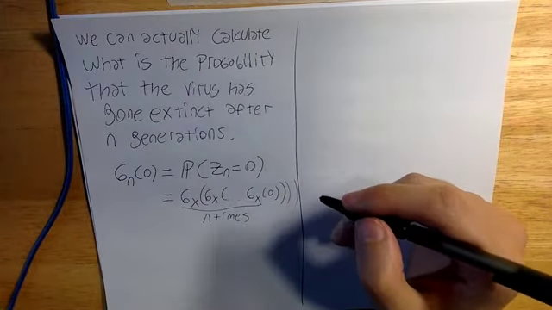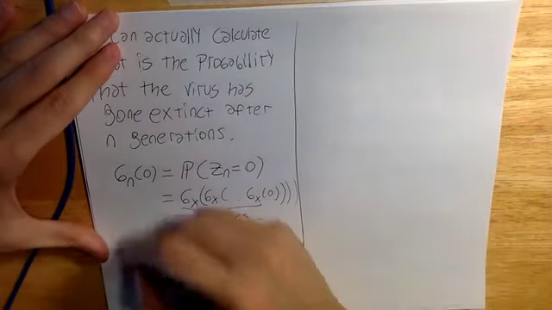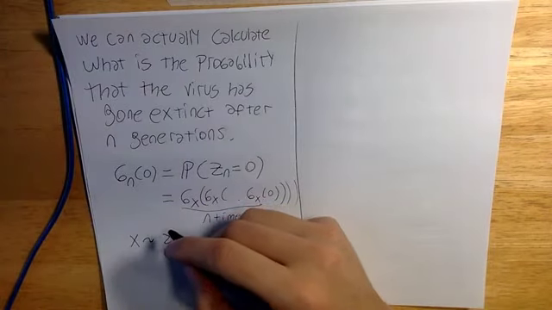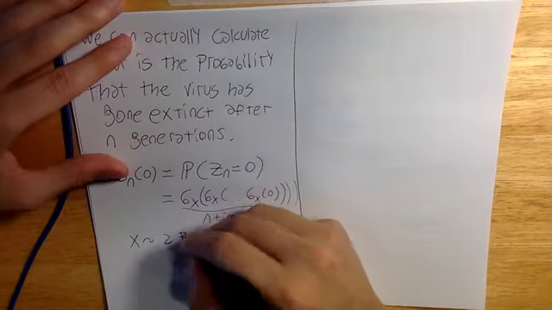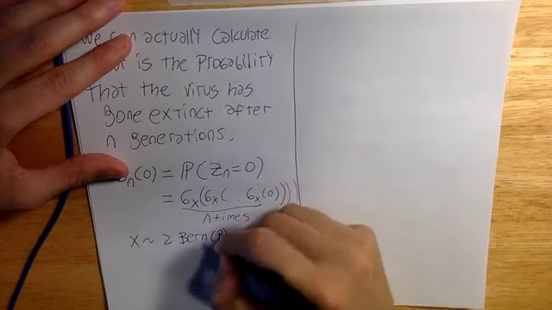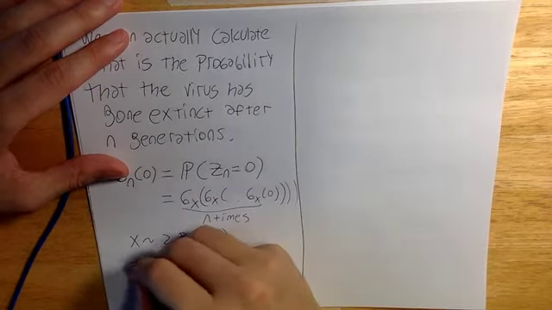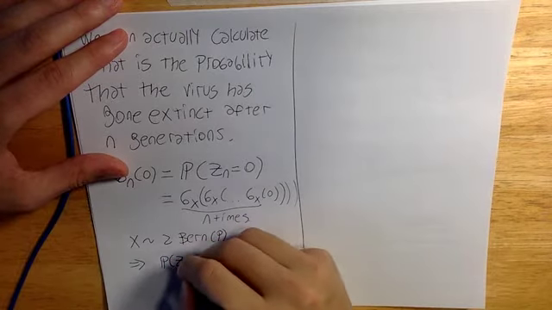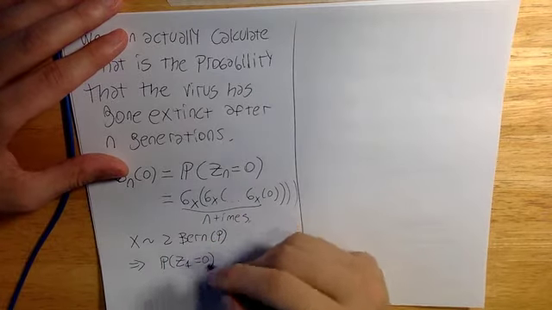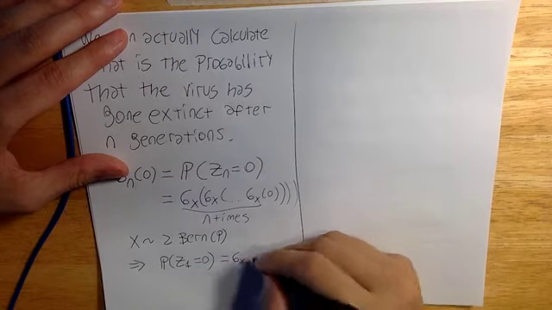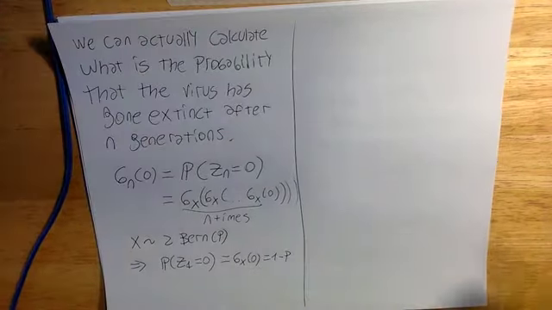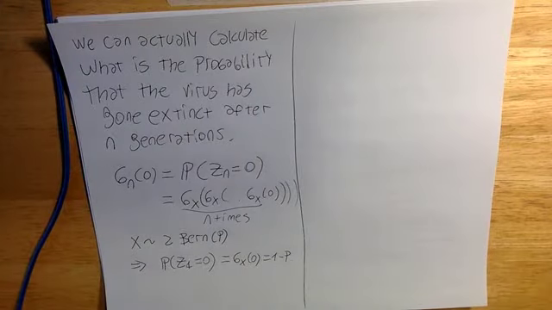Okay, so then if we take x to be distributed like 2 times the Bernoulli variable with parameter p, then the probability that Z1 equals 0 is going to be Gx of 0, which is just 1 minus p, which is the probability that the first person doesn't infect anybody else.